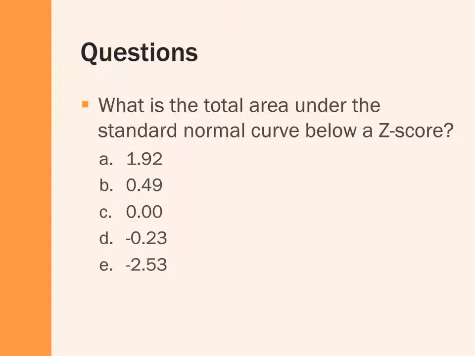What we see here on the screen before us are 5 different z-scores that we will use as examples to answer the question, how much area of the curve falls to the left, below this particular z-score value.